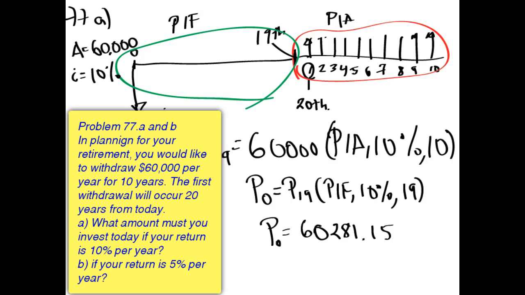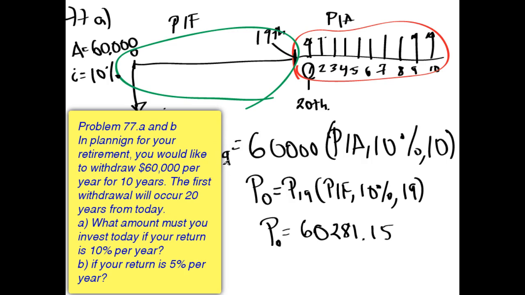So in order to solve this problem, we need to take into consideration that the annuity is $60,000 for the retirement, and the interest rate is 10% for the problem A. And just solving the first part would turn into solving $60,000 times P given A, 10%, we have 10 annuities, but that will bring the quantity back to period number 19, so that would be the relative present at t equals 19.